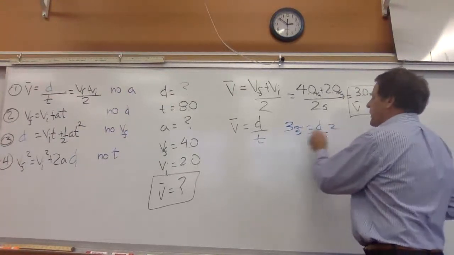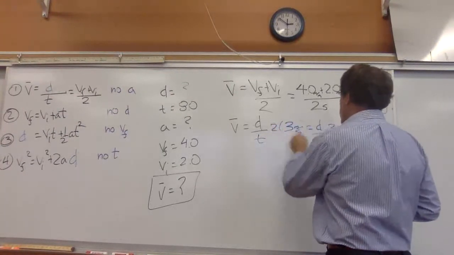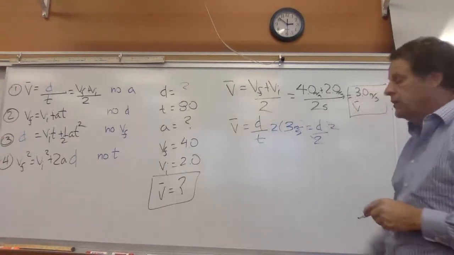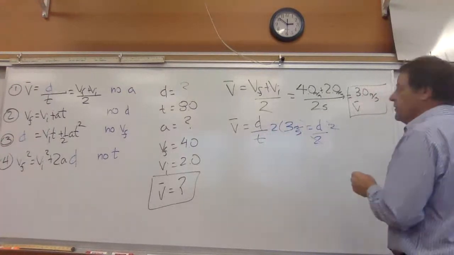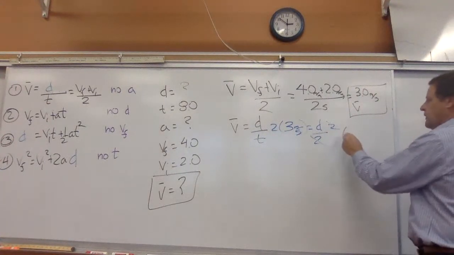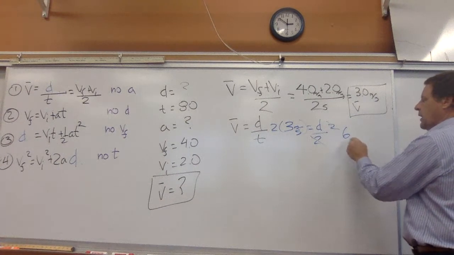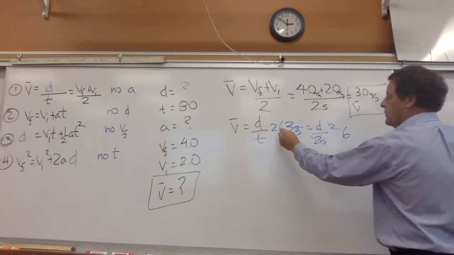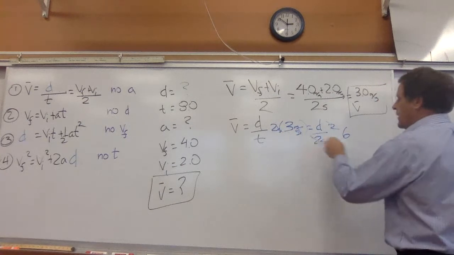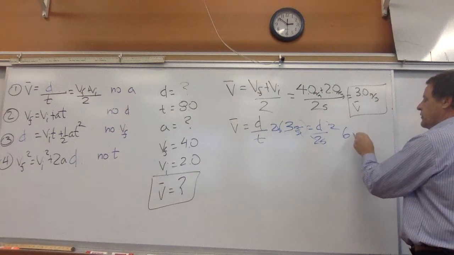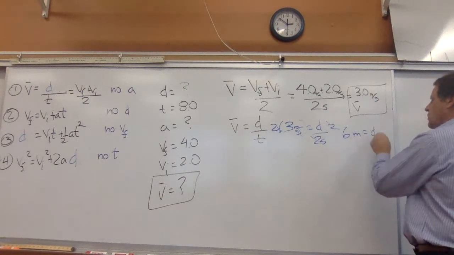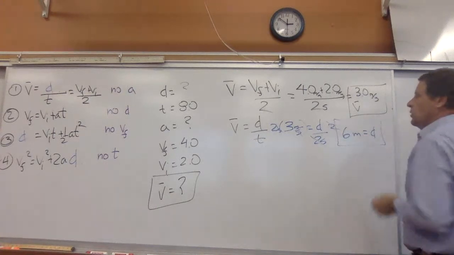So we're going to multiply both sides by 2. This side's going to cancel out, and 2 times 3 is 6. So we're going to have 6, and this was seconds. We can see that seconds cancel out, so we're left with 6 meters, which is equal to the distance.